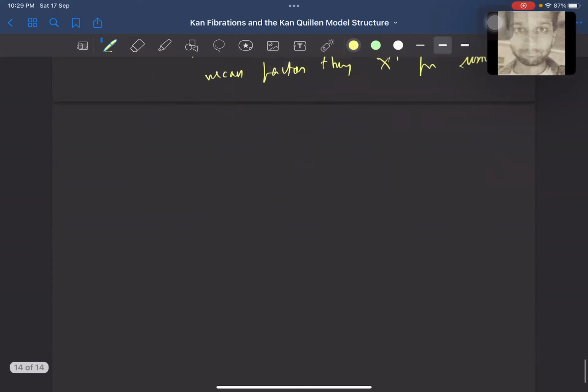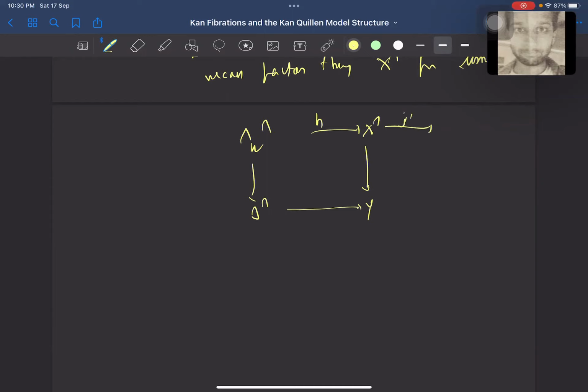So then we'll have the following diagram. Let me call this H. And we can extend this, and this will be my Fn plus 1.